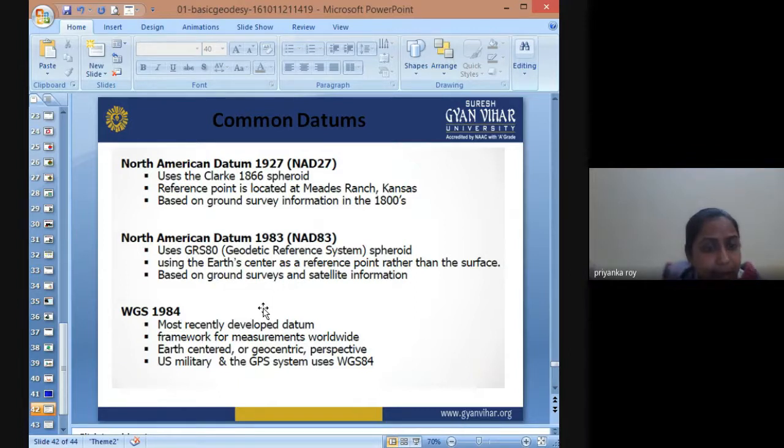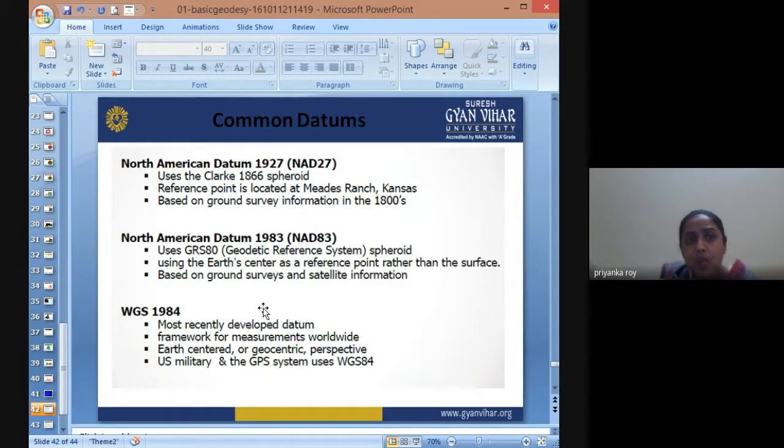So then we have North American Datum of 1983, that is NAD 83. It used GRS 80, that is Geodetic Reference System 80 spheroid, using the Earth's center as a reference point. So they are taking the reference point, meaning the focus point, as the Earth's center.